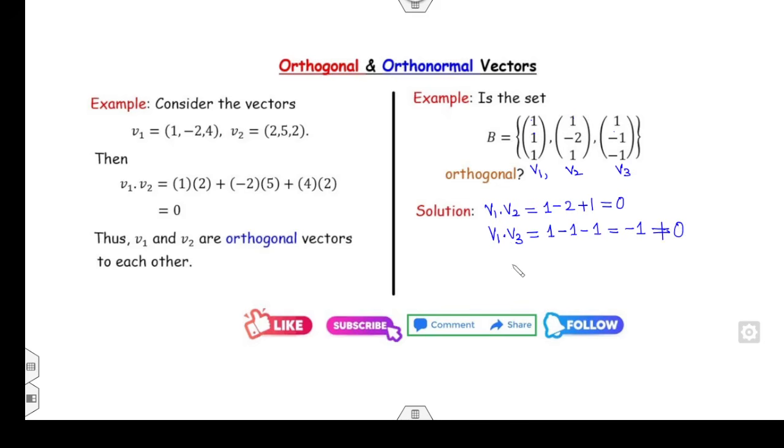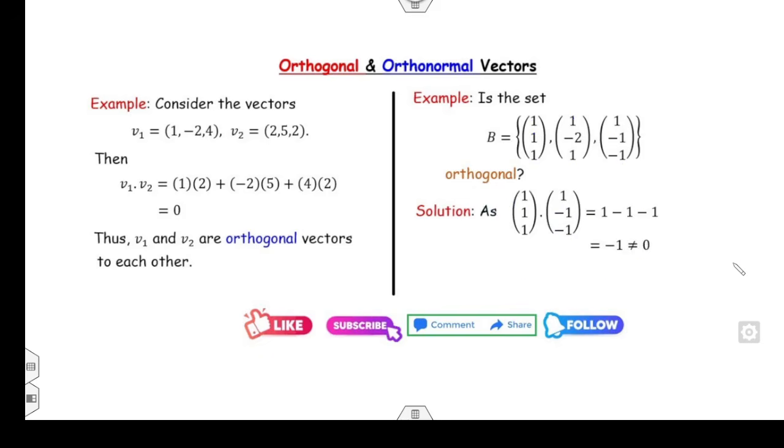And since one of the elements is non-zero, we can say the given vectors are not orthogonal, because v1 and v3 are not. Once they are not orthogonal, they will never be orthonormal.